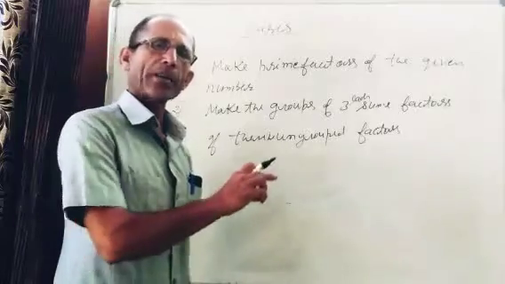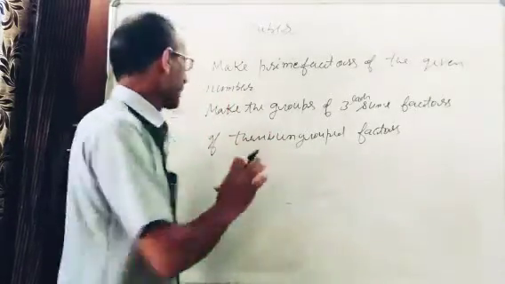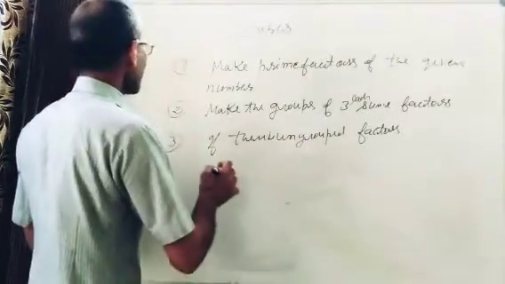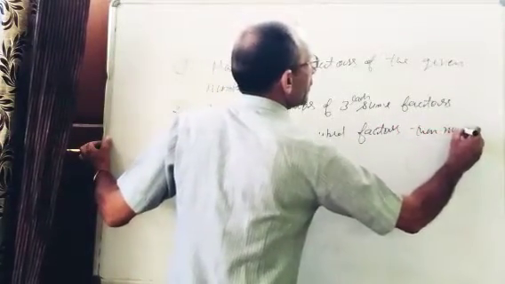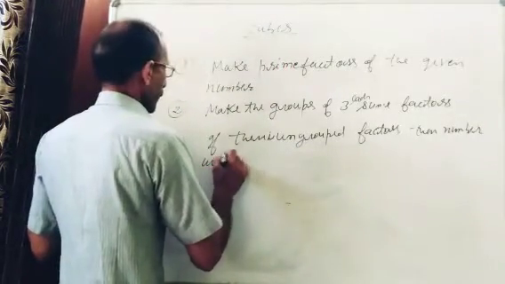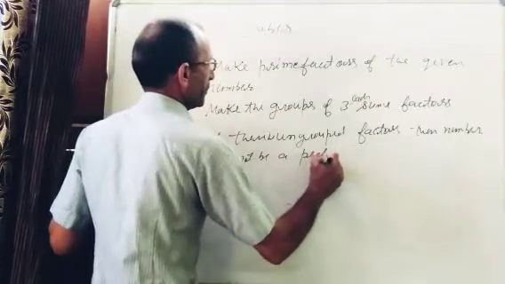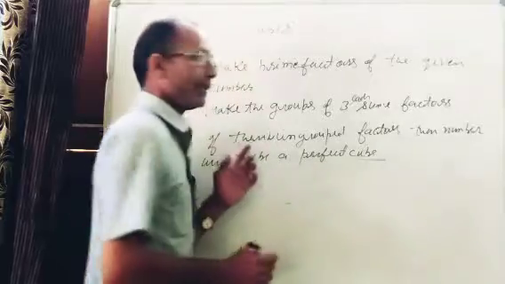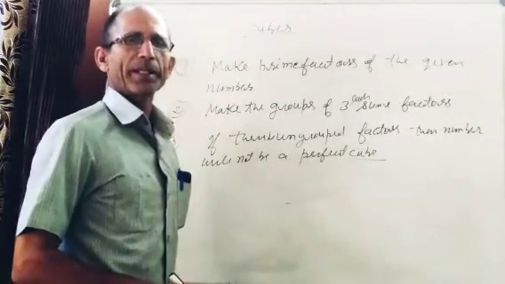If all are making the groups, then the given number will be a perfect cube. If there is no ungrouped factor, then the number will be a perfect cube.